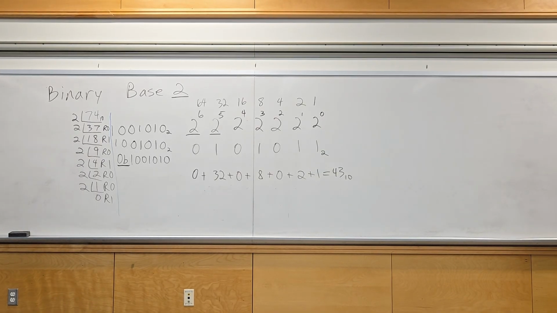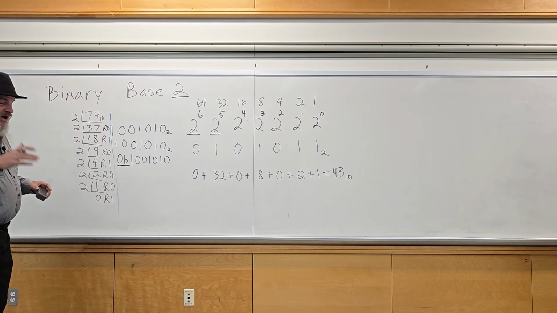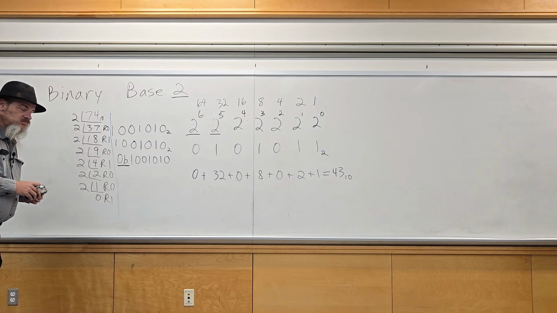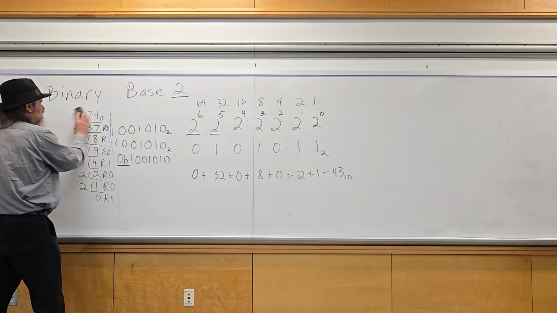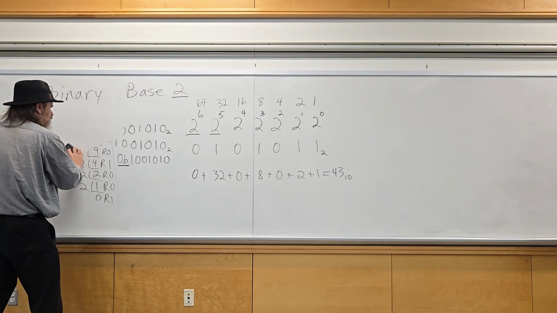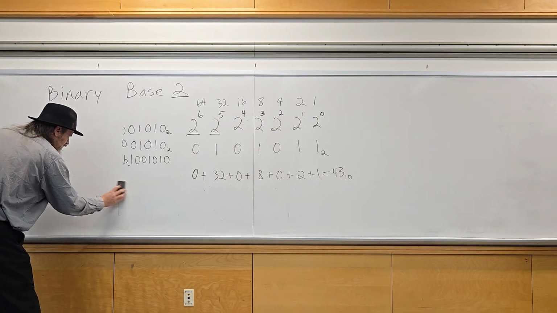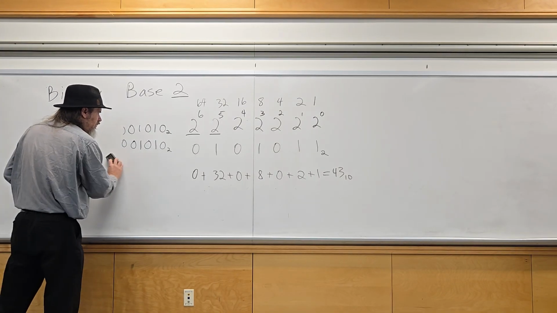But those are the two ways of converting from decimal to binary. Now, we'll go ahead and handle 2's complement right now. So far we've been talking about positive numbers.